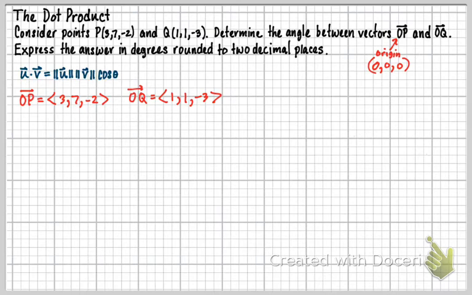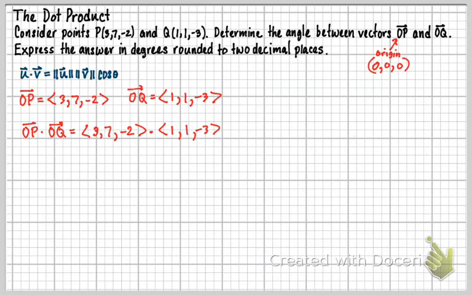So we're going to do the dot product first of vector OP and OQ. OP dotted with OQ is just 3, 7, -2 dotted with 1, 1, -3.